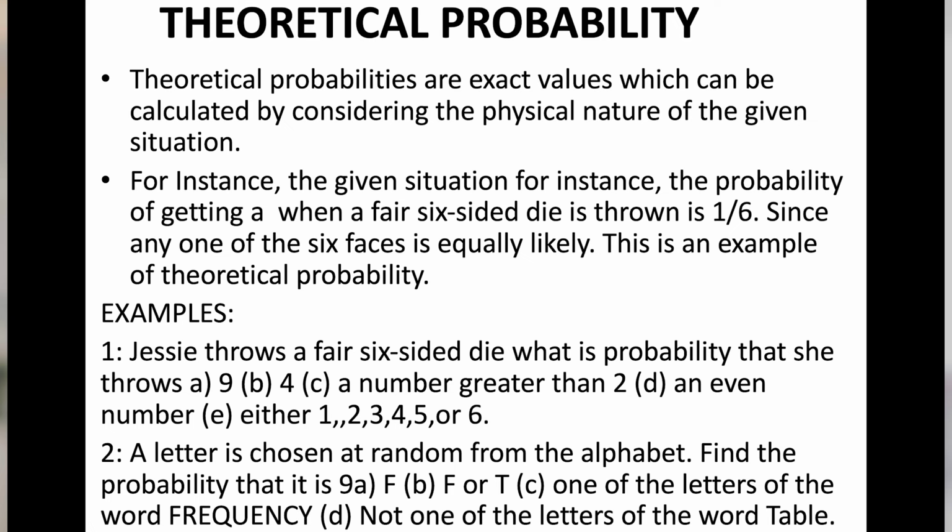The first example is Jesse throws a fair 6-sided die. What is the probability that she throws a 9, a 4, a number greater than 2, an even number, or either 1, 2, 3, 4, 5, 6?